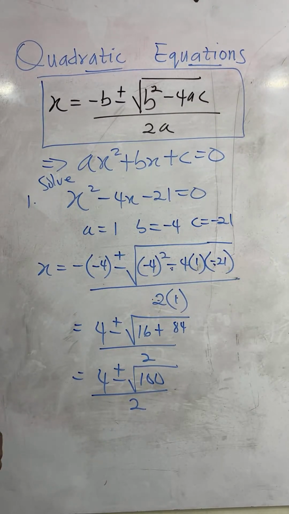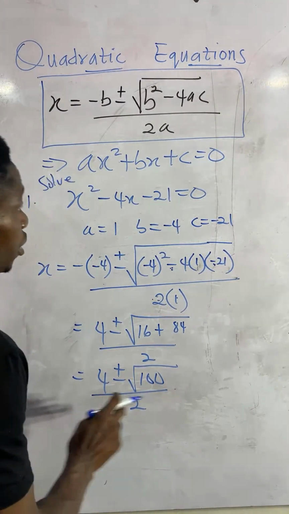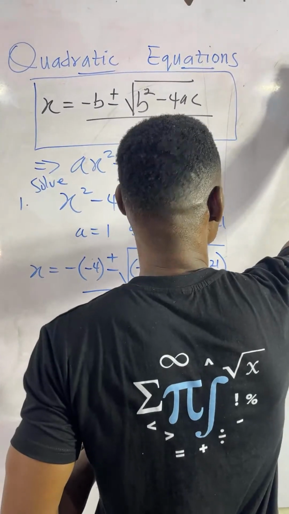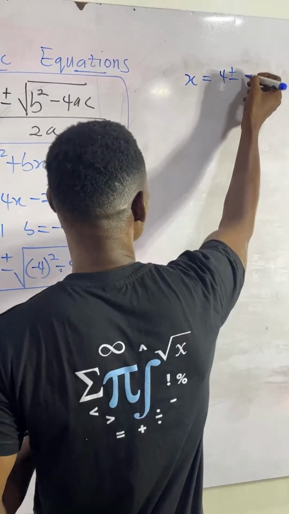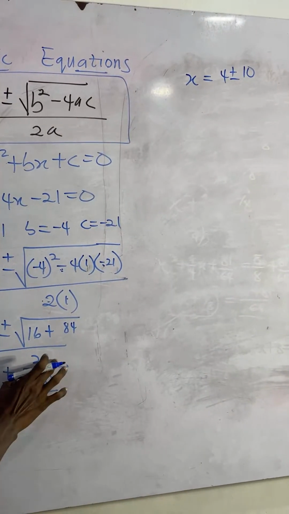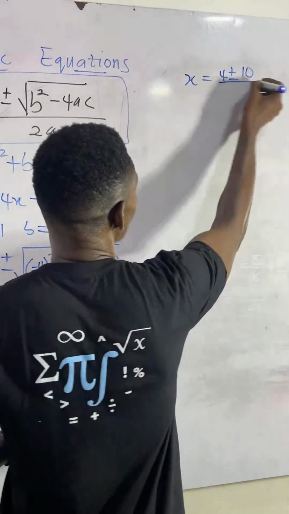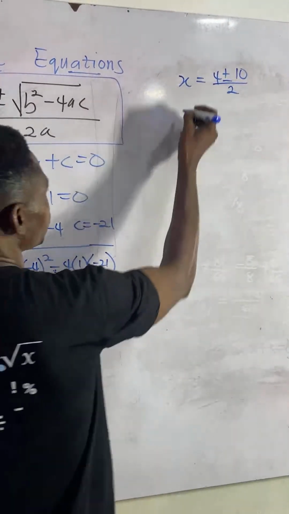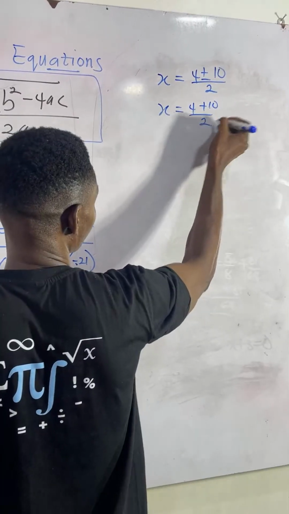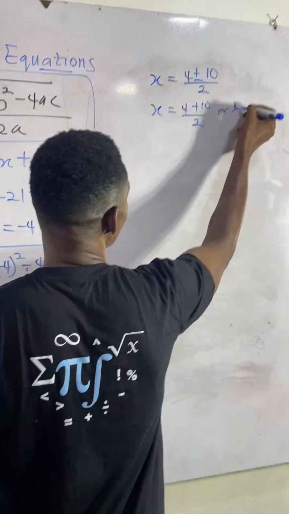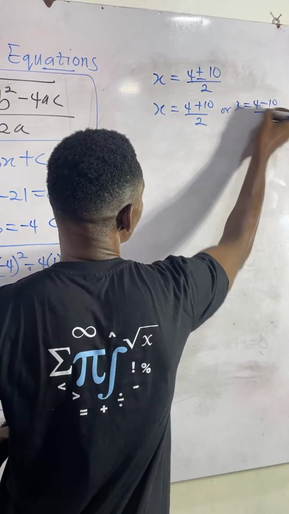Right? So let me come up here. So our x is equal to 4 plus or minus the square root of 100, which is 10, all over 2. So x is equal to 4 plus 10 over 2, or x equal to 4 minus 10 over 2.